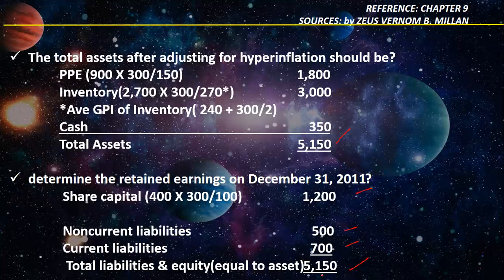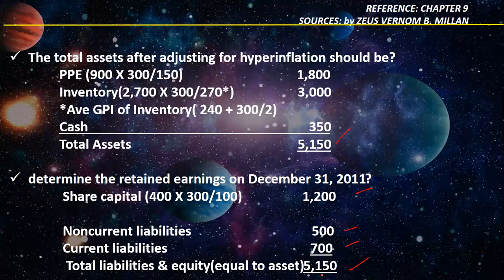Again, retained earnings is neither restated. It is neither a monetary nor a non-monetary item, but it is a balancing figure. Take note, class, it is a balancing figure.